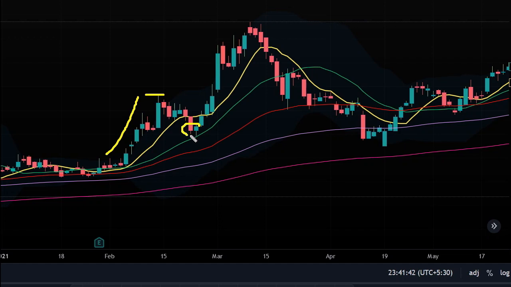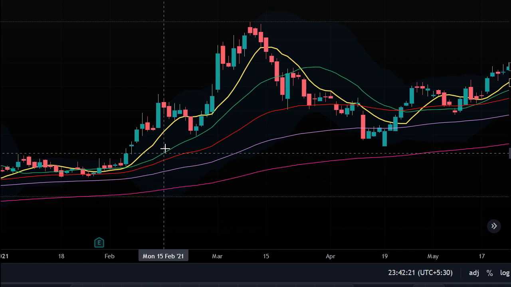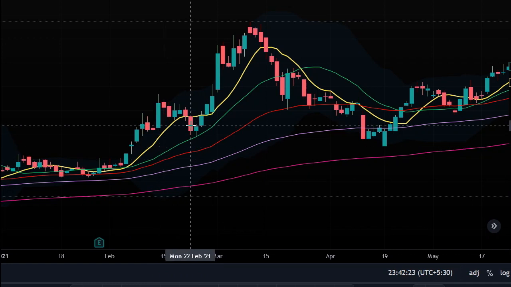In this case, the price is again touching the moving average, and this is the best opportunity to buy, because it also creates a hammer. The price has taken support at the moving average, and when the high of the hammer is broken, we can take entry.